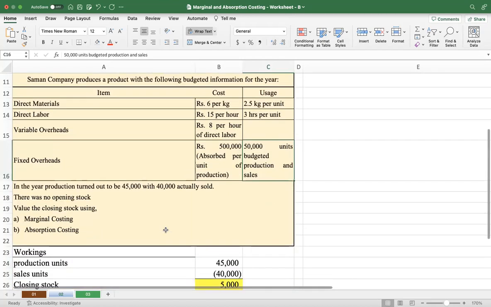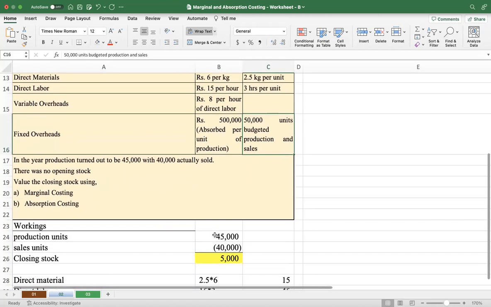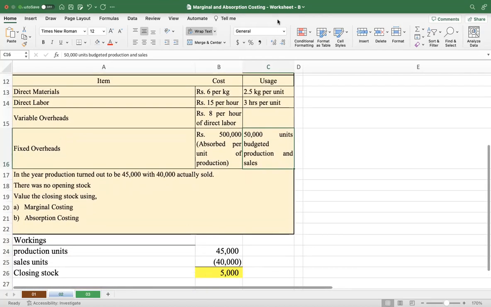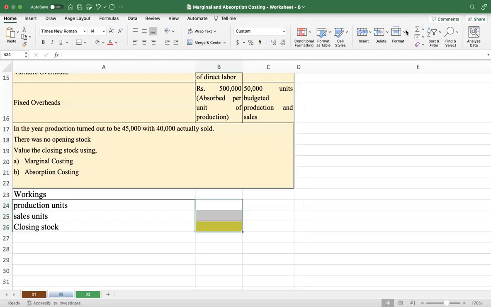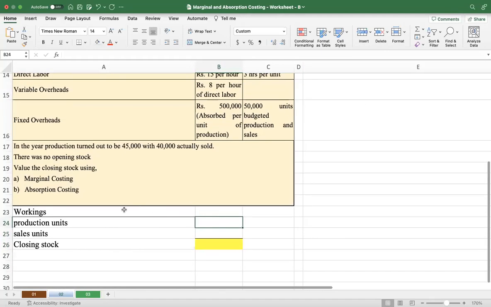So what's the closing stock value? Here the working is given. Let me prepare that here. How are we supposed to find the value of the closing, so, sorry, the number of units produced as a closing stock, the remaining number of units?